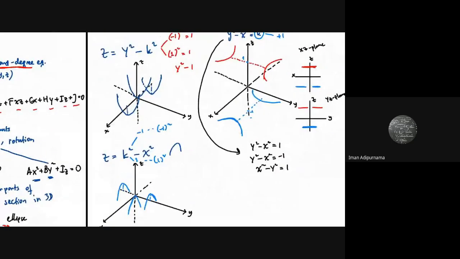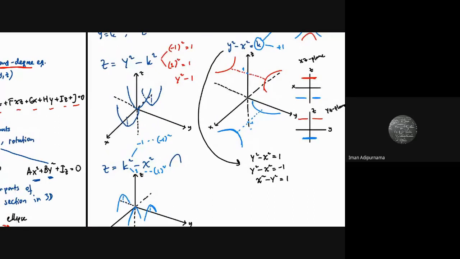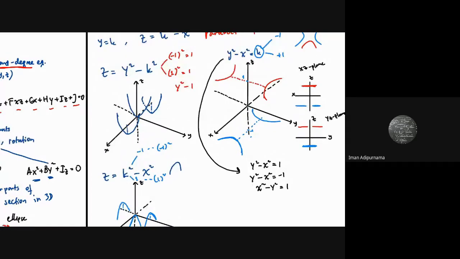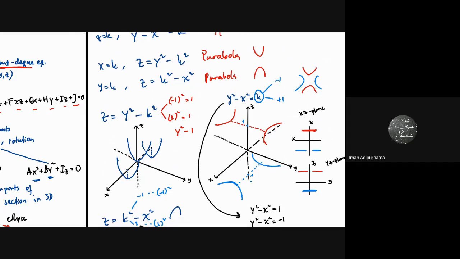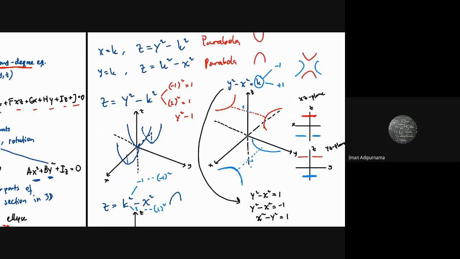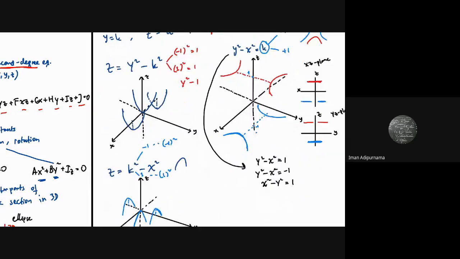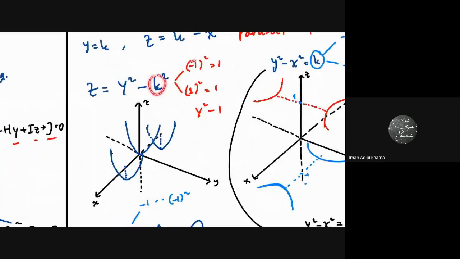Okay, here. Let me just clarify something so that you are able to see what my point is. So we have two parabolas, right? First is z equals y squared minus a constant, and z equals negative x squared plus a constant. The constant is squared, right? And this constant can be positive or negative.